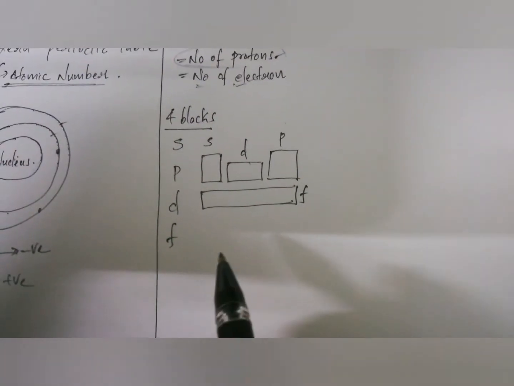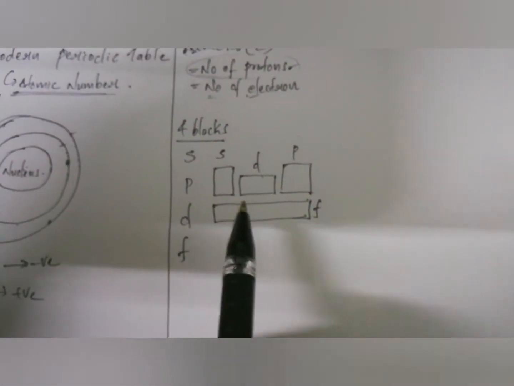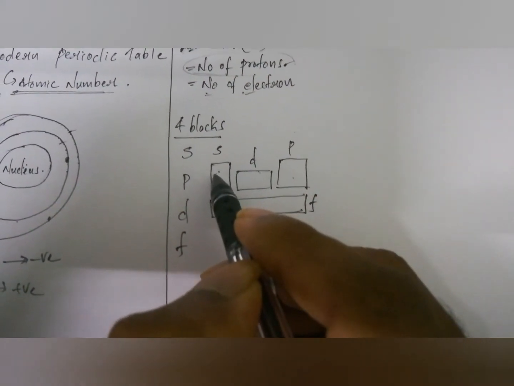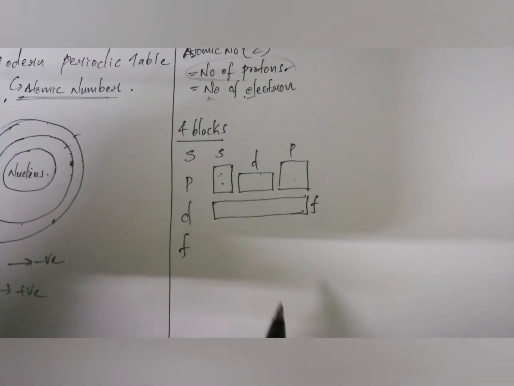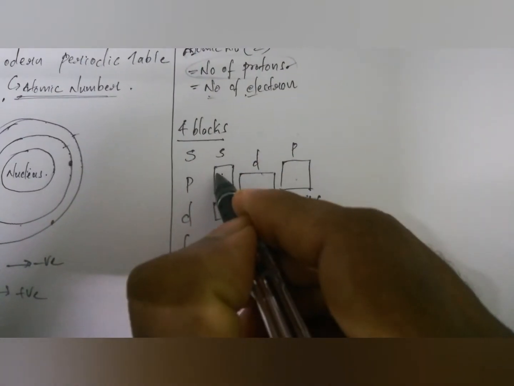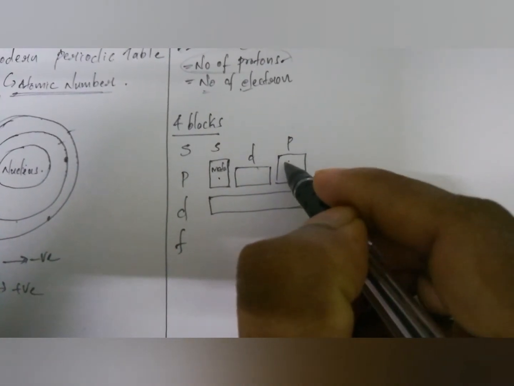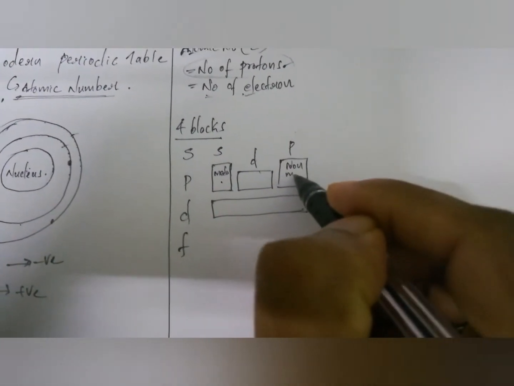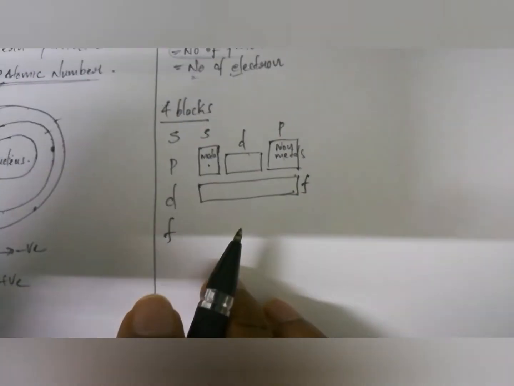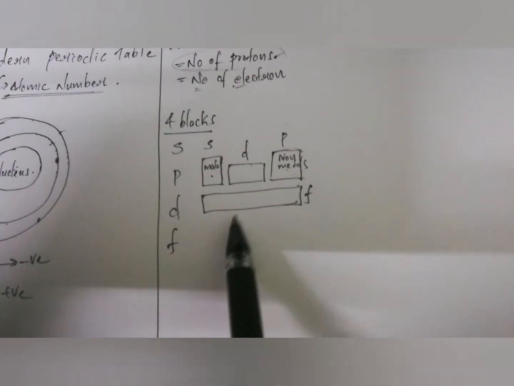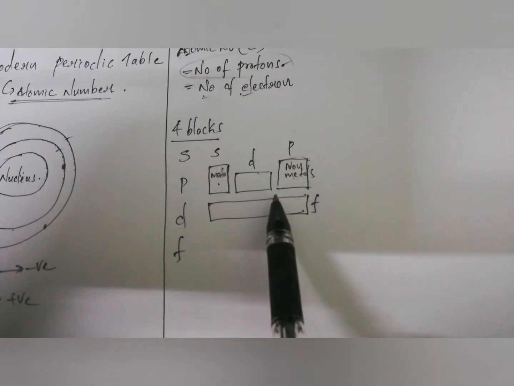Then we can discuss the characters of the S and P blocks. All elements in the S block are metals. In the P block, most of the elements are non-metals. Remember, only most of them; there are some metals also.